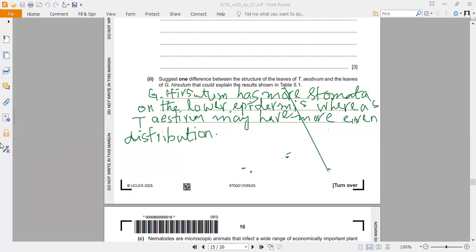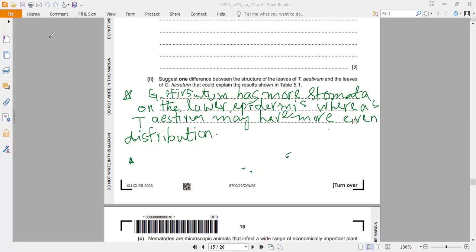And the second, we can also write the presence of trichomes, that the stomata are protected by trichomes, or we can write one more answer, that is the cuticle. One species may have a thicker waxy cuticle on the upper epidermis. So this is one possible answer.